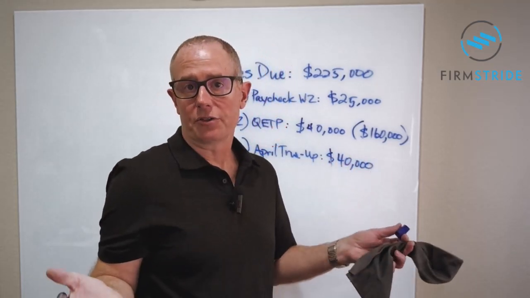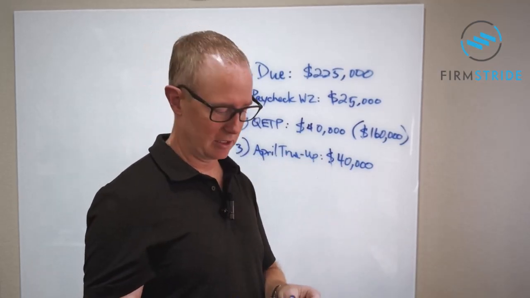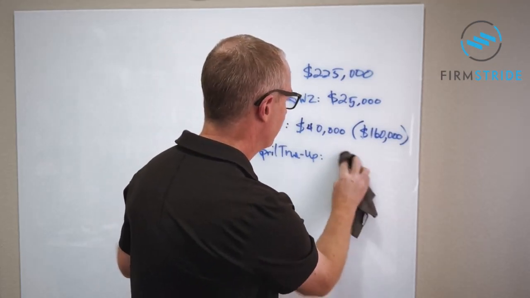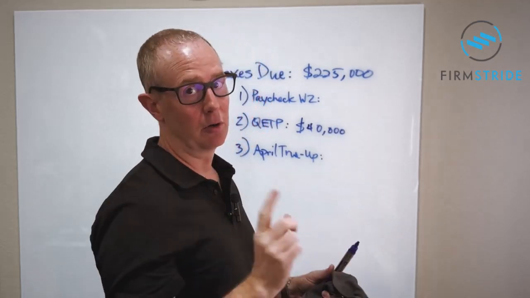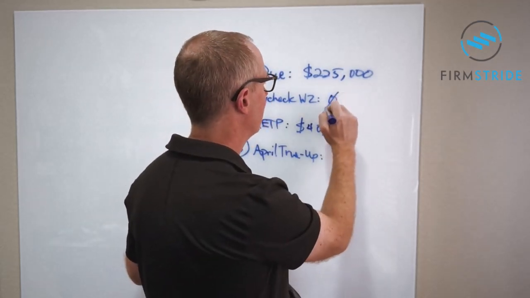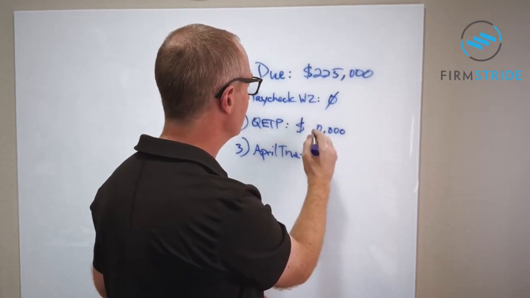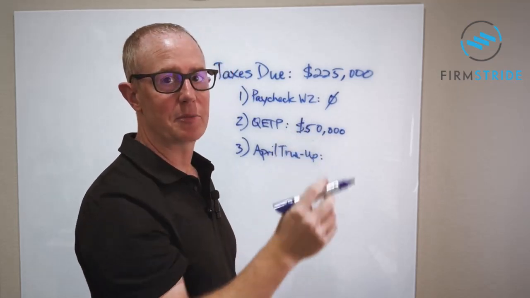Now, here's another alternative. Some people like to do it this way, and we're just going to go through this as an example to illustrate how this concept works. Let's pretend that I withhold 0 through my paycheck. So I'm not withholding anything through my W-2. And let's pretend that I choose to make a $50,000 per quarter estimated tax payment.